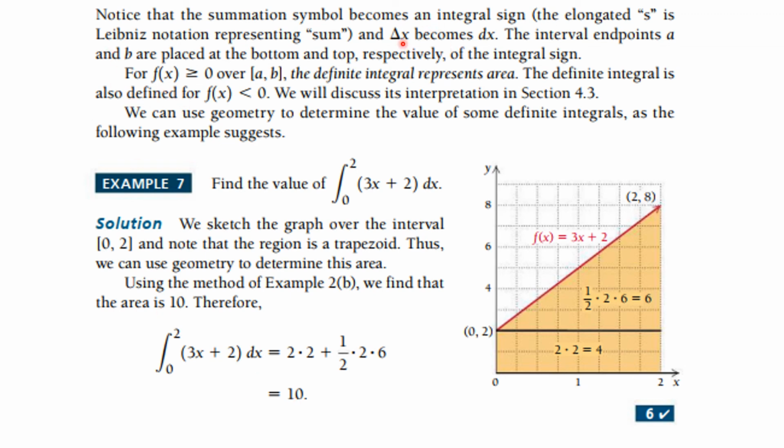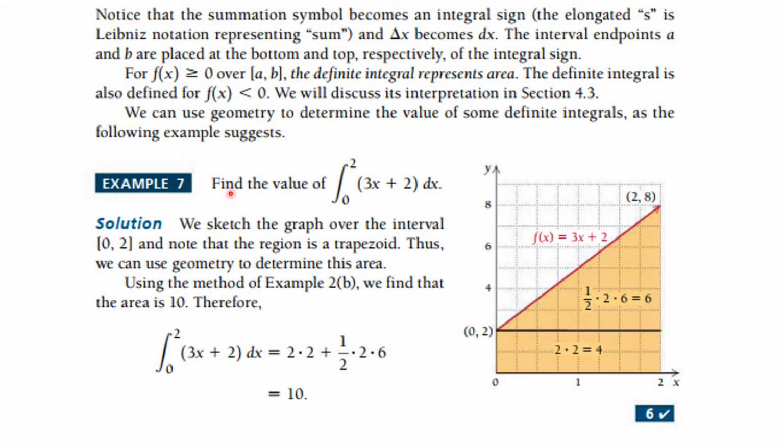Delta x becomes dx, and we use the integral sign. And the integral endpoints, a and b, are placed at the top and bottom of the integral sign. That makes it a definite integral instead of an indefinite integral.